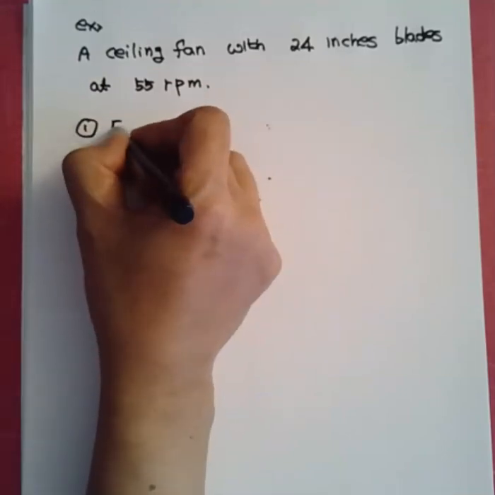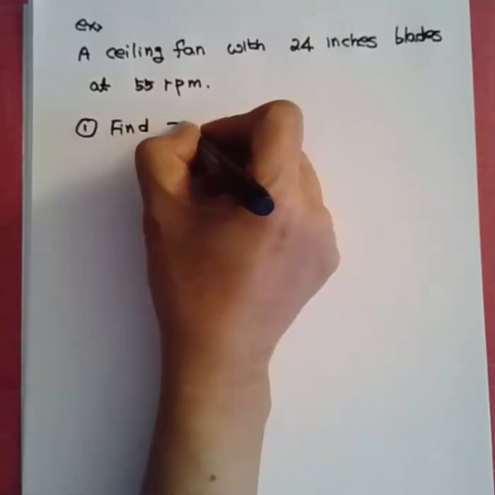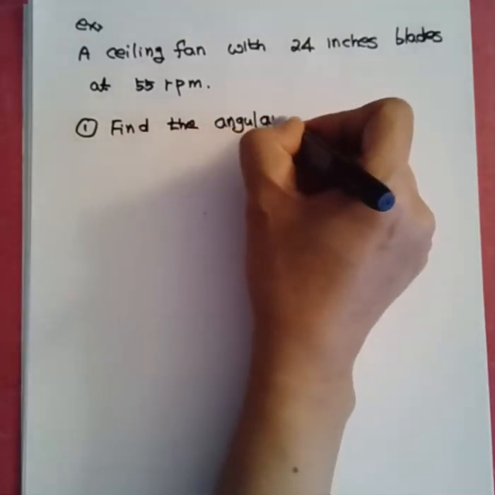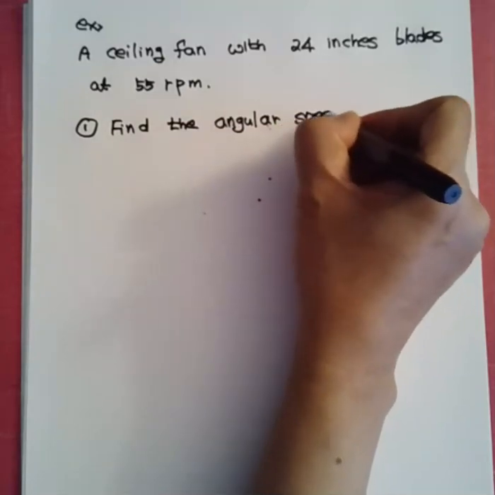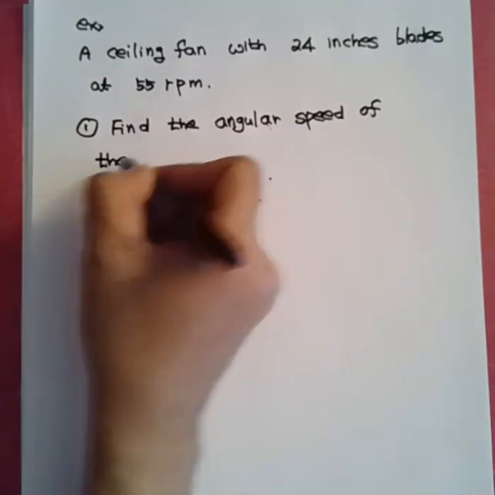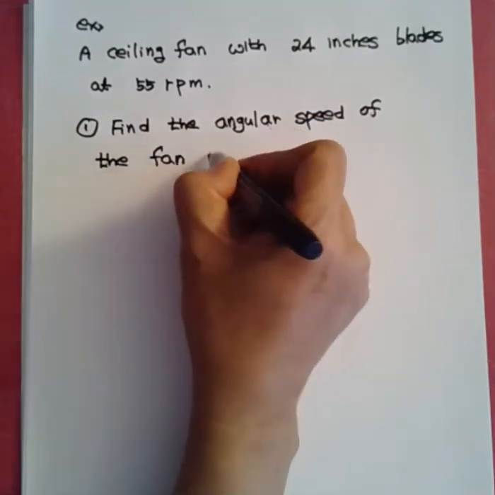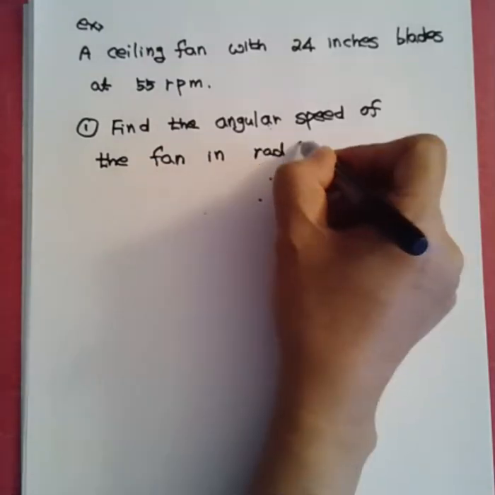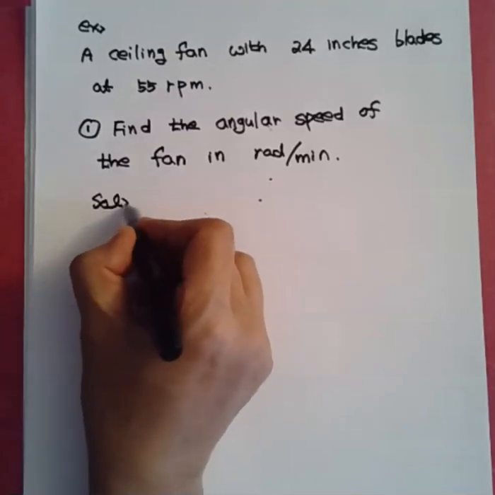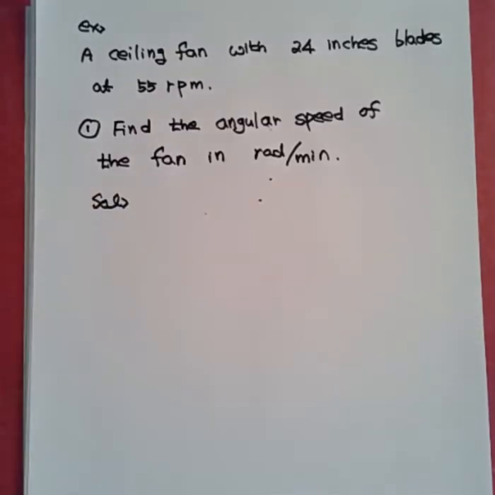The first question is about finding the angular speed of the fan in radian per minute. If you read the instruction, then a ceiling fan with 24 inches blade at 55 RPM.